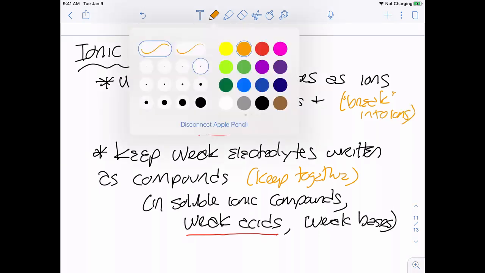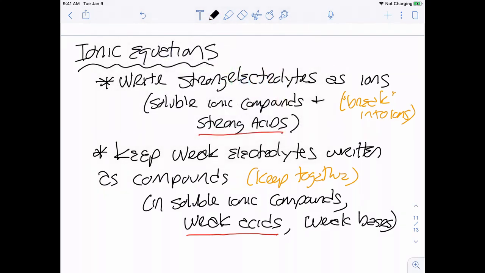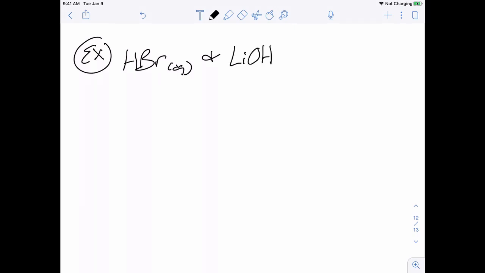So let's go through an example. So our first one, let's react hydrobromic acid, HBr, and lithium hydroxide. So the same instructions that we would have had for our precipitation reactions.